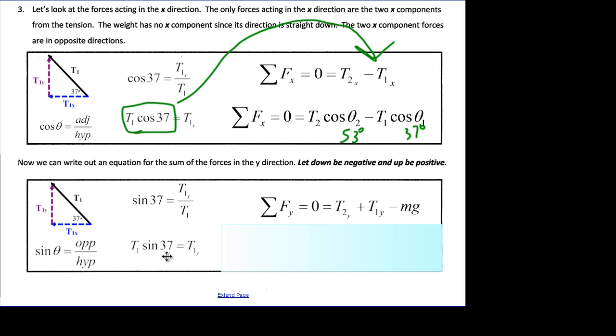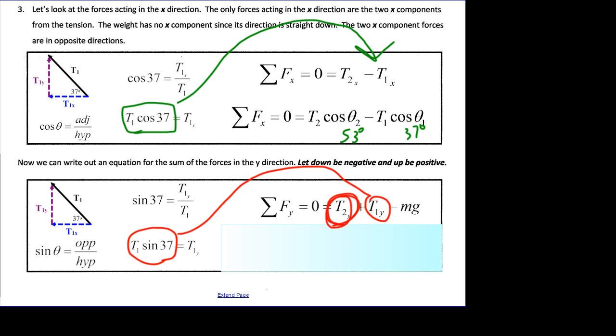So again, we're going to take this statement and substitute it in for T1y. And then we're going to do the same thing here. We're going to substitute in T2 sine 53 and then minus the mg.